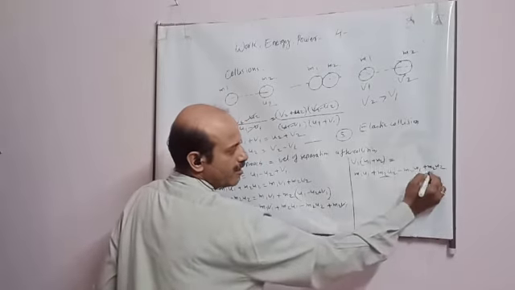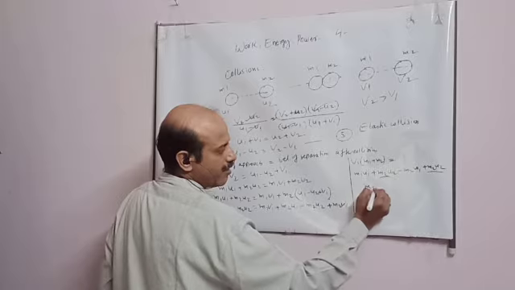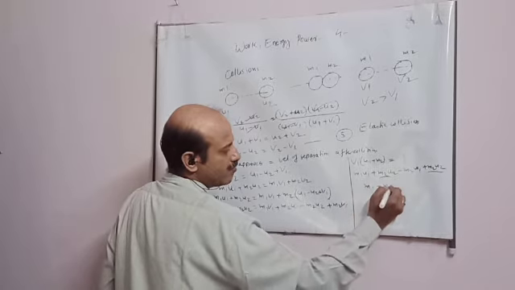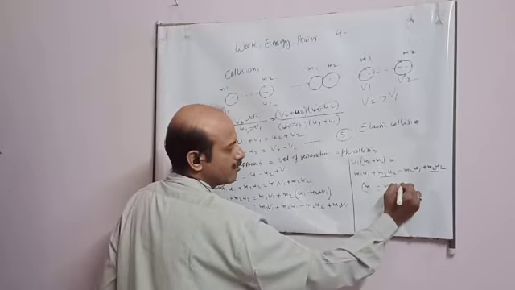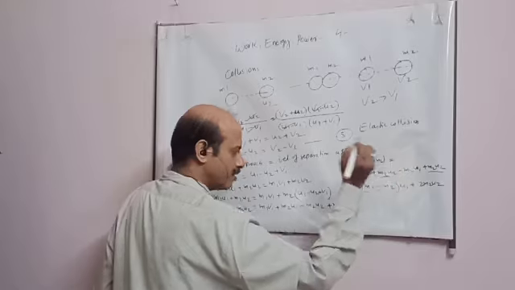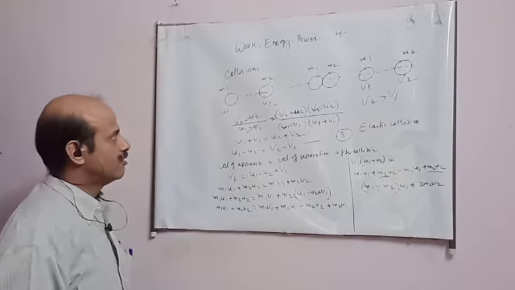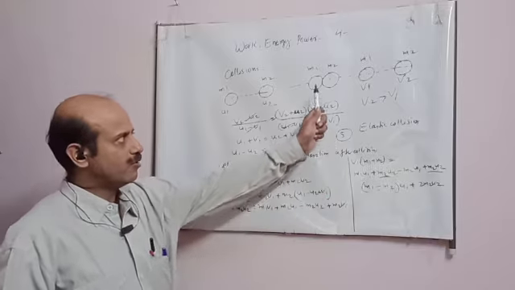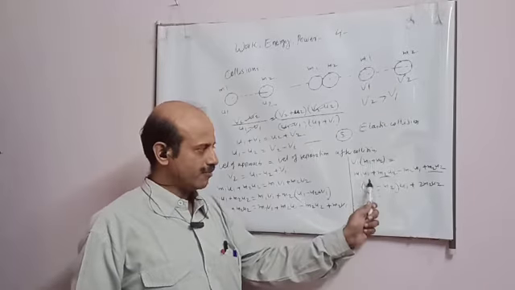Now see, these two are added, so here I am getting m1 minus m2 times u1 plus 2 m2 u2. Now I will get the value of v1, the velocity after collision, from this equation.